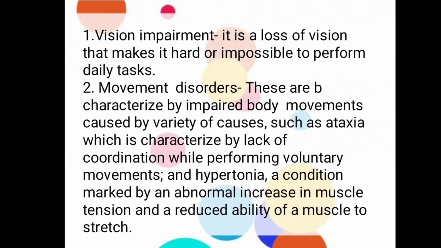These are characterized by impaired body movement caused by a variety of causes, such as ataxia, which is characterized by lack of coordination while performing voluntary movements, and hypertonia, a condition marked by an abnormal increase of muscle tension and reduced ability for a muscle to stretch.